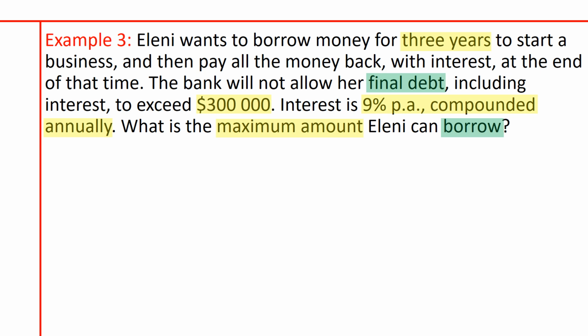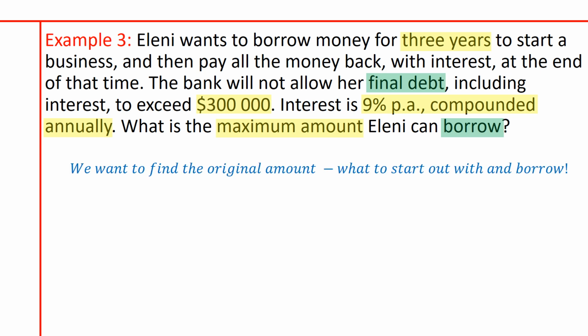So we don't know how much Alini wants to borrow. That's what the question is asking us to find out, given that the final debt cannot be any more than 300,000, and that includes all the interest that she has to pay along the way. So we want to find the original amount to start out with and borrow. Remember, when we have a question where we want to find the original amount, this is where we reverse the process and we divide.